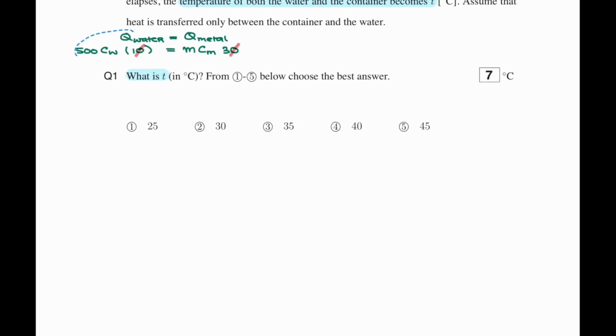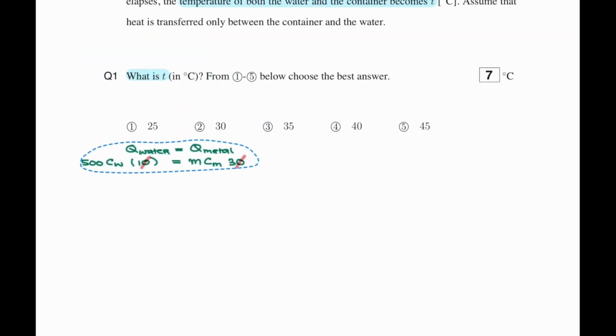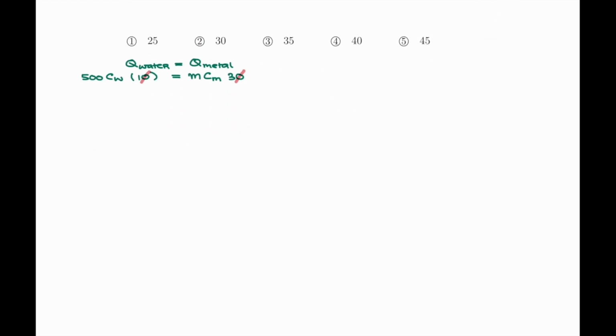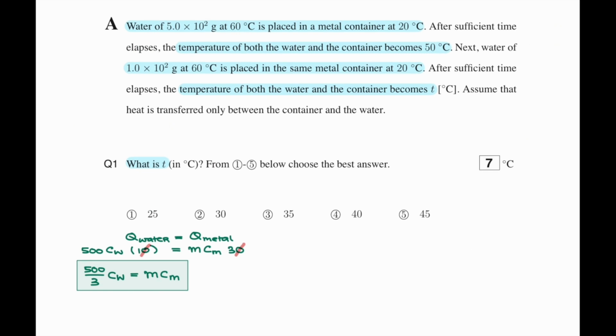Let me move my handwriting into here, yeah. 500 over 3 Cw is equal to mass of the metal container times the specific heat capacity of the metal container. Just leave it for now. We will use this relationship in our second case.